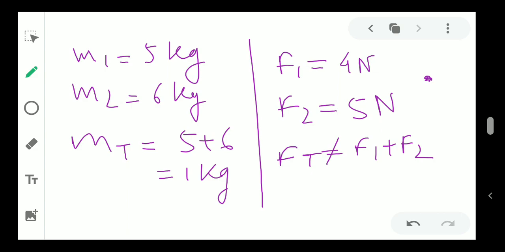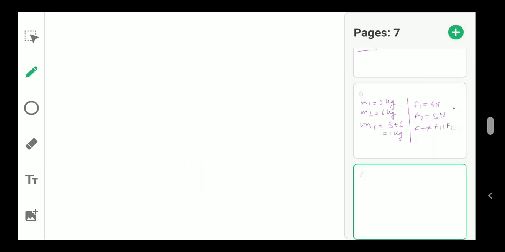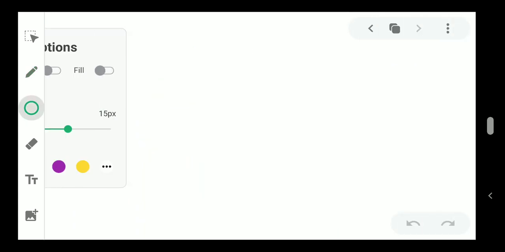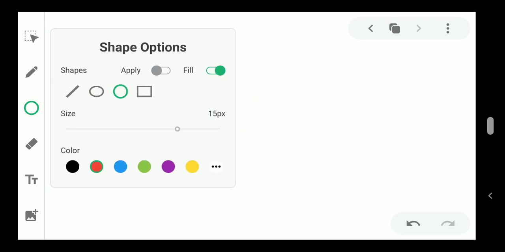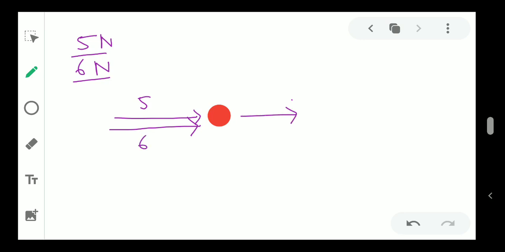Let us try to understand the fact. Let's say I have this ball which was here, and then I am applying 5 Newton and 6 Newton forces. Now if two forces are given in the same direction, so 5 and 6, the result will be 11 Newton.